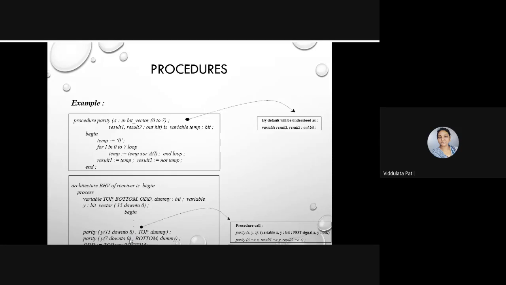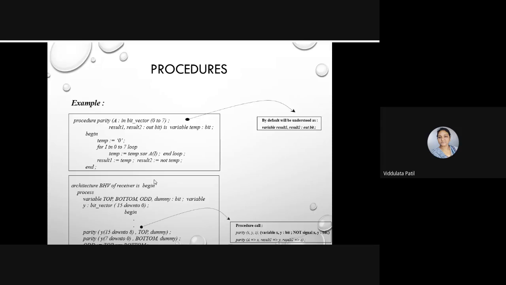So any number of times, this procedure can be called in a main program. You can write any procedure and call it in your main program. That is about the procedure that we use in VHDL programming.